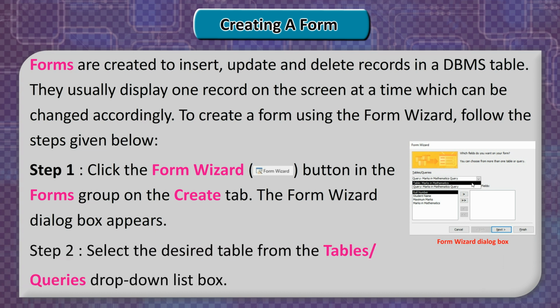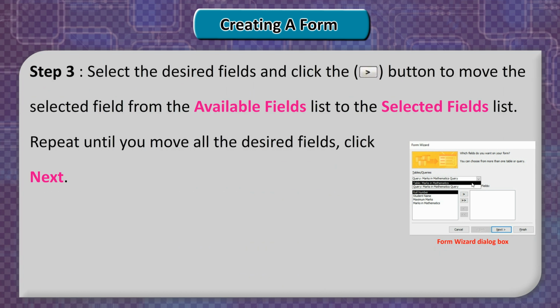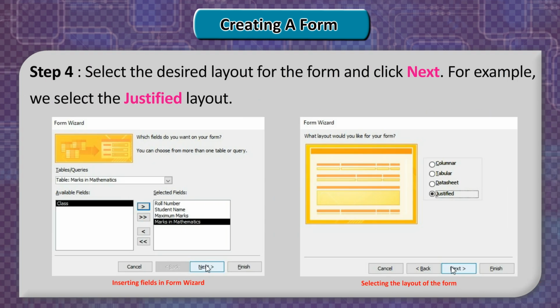Step 2. Select the desired table from the Table/Queries drop-down list box. Step 3. Select the desired fields and click the button to move the selected field from the Available Fields list to the Selected Fields list. Repeat until you move all the desired fields. Click Next. Step 4.